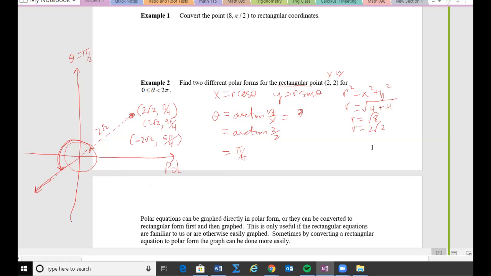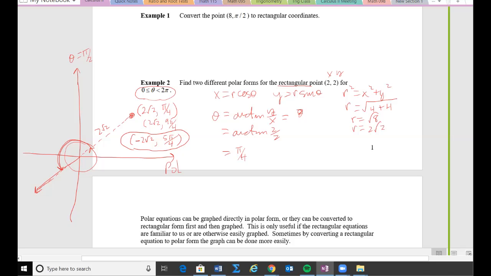Okay, so this is another ordered pair for that same point. And you can see how you could do this an infinite number of different ways to label that same point. Without this restriction, there could be many, many more.